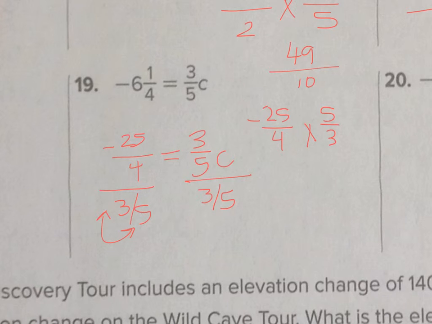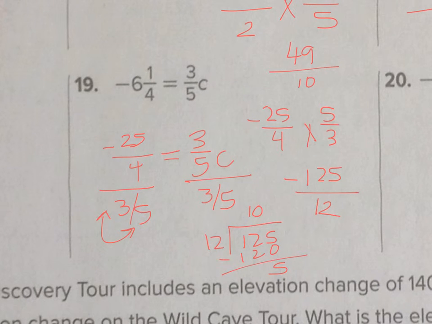So when I take a negative 25 times 5, I'm left with a negative 125 over 12. And to simplify this, I know that 12 can go into 125 10 times. And I'm left with a remainder of 5 over 12, which can't be simplified anymore.